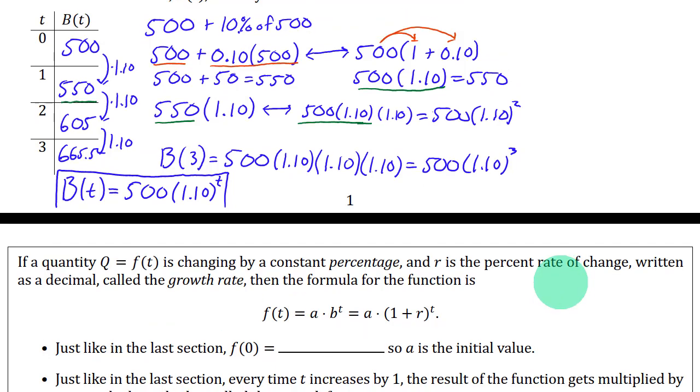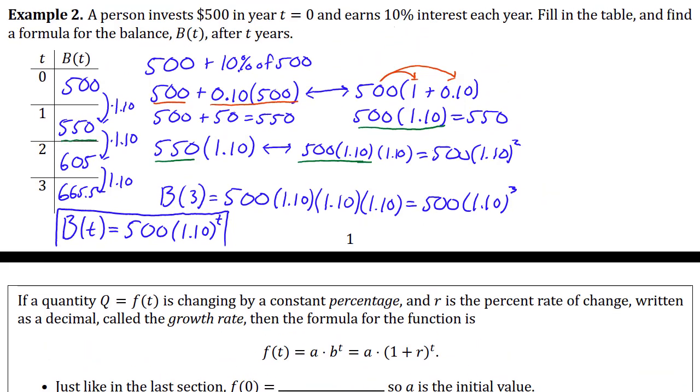So in this example, this is changing by 10%. So that 10% interest, we would say that r equals 0.10, writing that as a decimal. And that's also called the growth rate. This is a 10% growth rate.